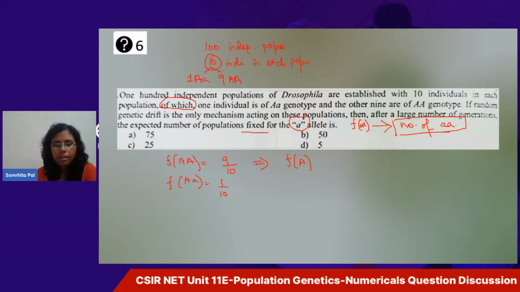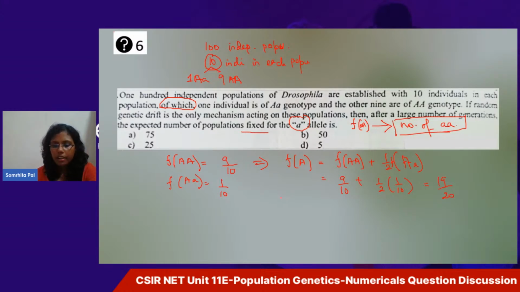The frequency of capital A will be the frequency of AA plus half of the frequency of Aa. So this equals 9 by 10 plus half of 1 by 10. This will give me a value of 19 by 20.